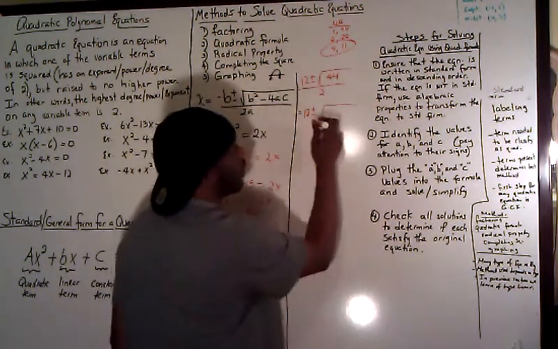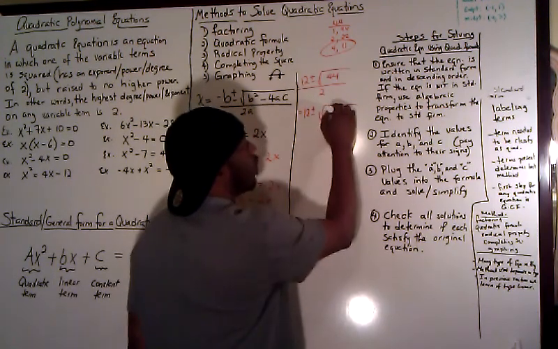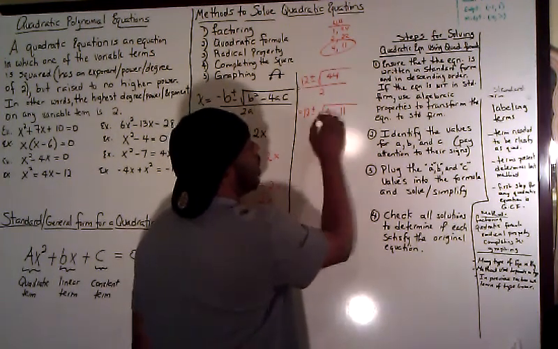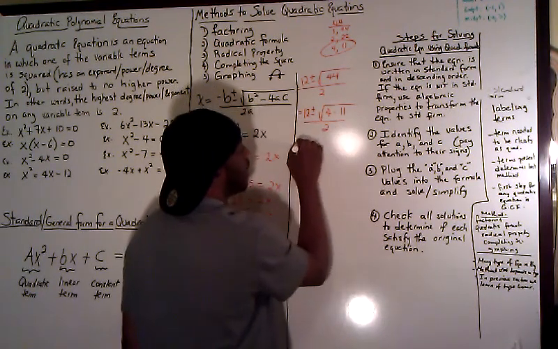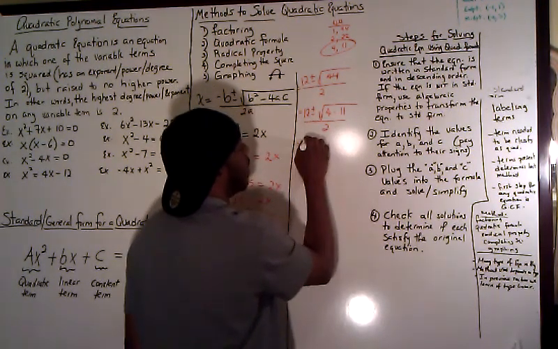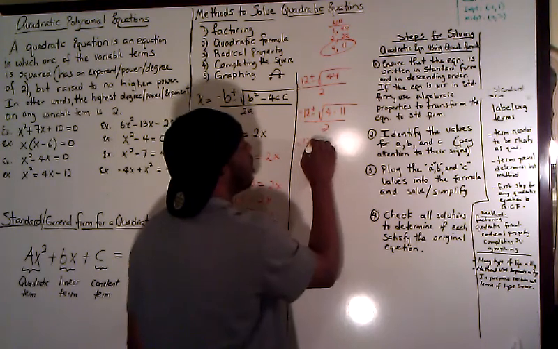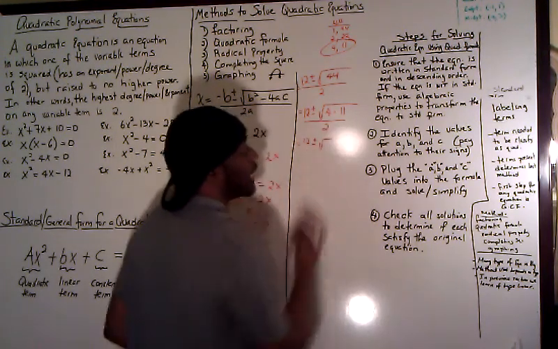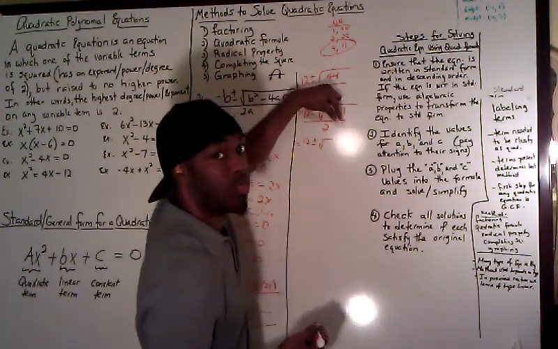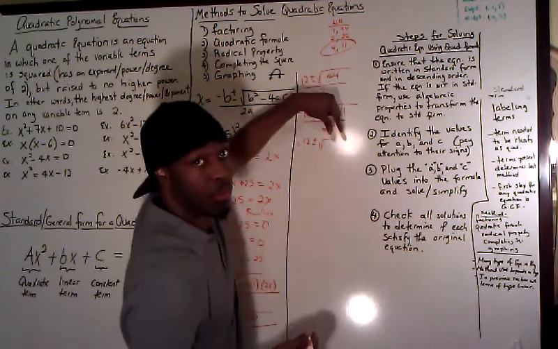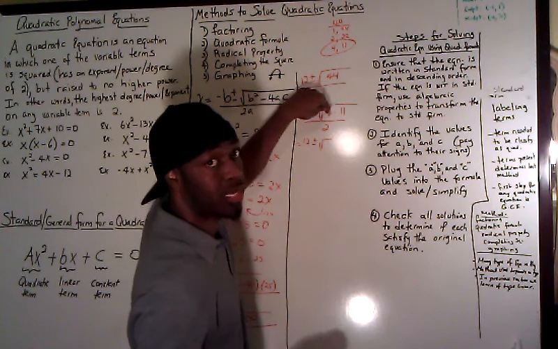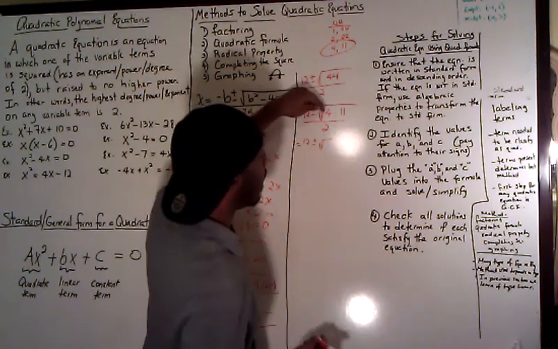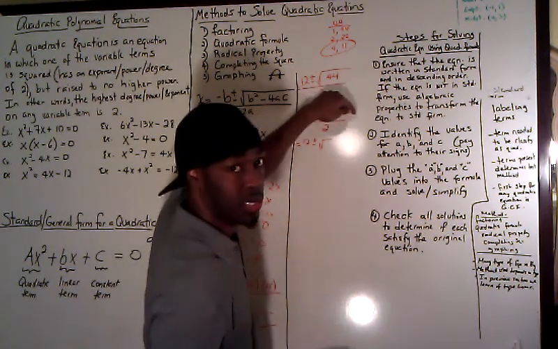So I can rewrite 44 as the product of 4 times 11, all over 2. Then I can simplify further: this is 12 plus or minus the square root. I can use the radical property, which means if I have the square root of two factors underneath a radical, I can put each factor underneath a separate radical.